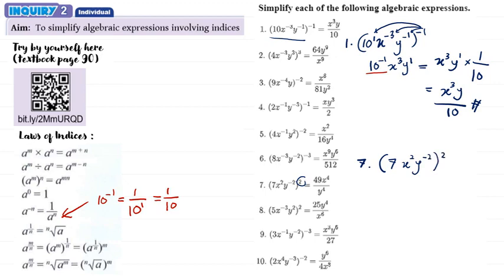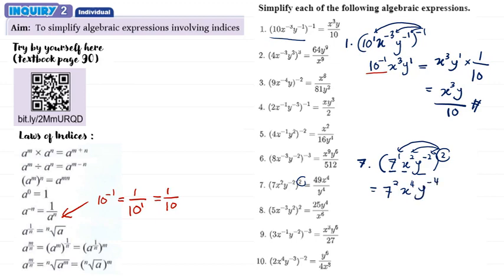So 7 is the base, and there is a power here, which is power of 1. x is the base, y is the base, and the indices are 1, 2, and negative 2. So you have to multiply 2 here with all the powers, all the indices. So it becomes 7 power of 2, x power of 4, y power of negative 4.